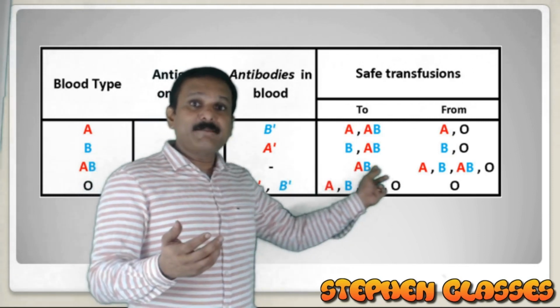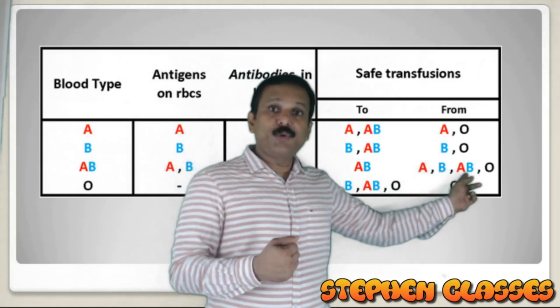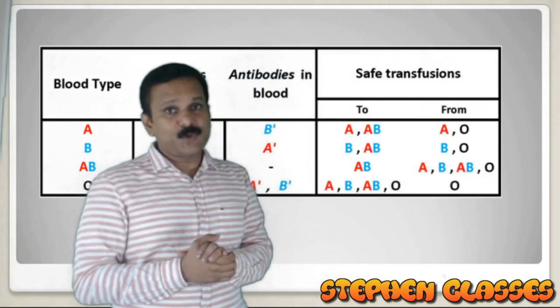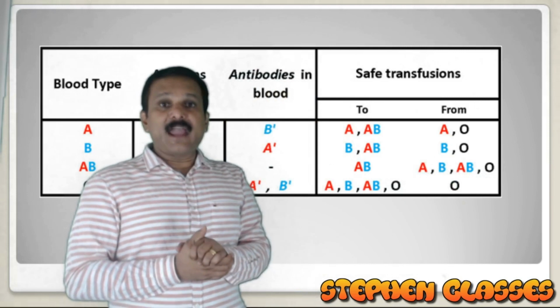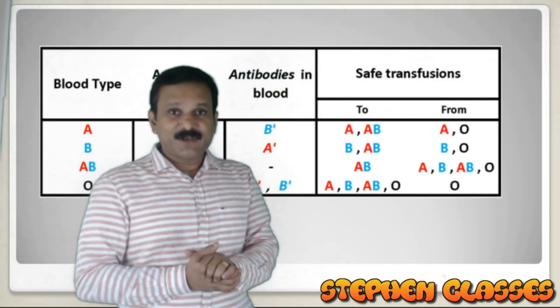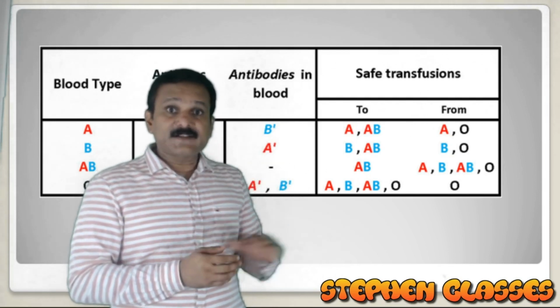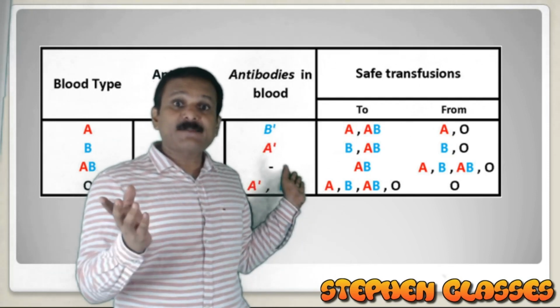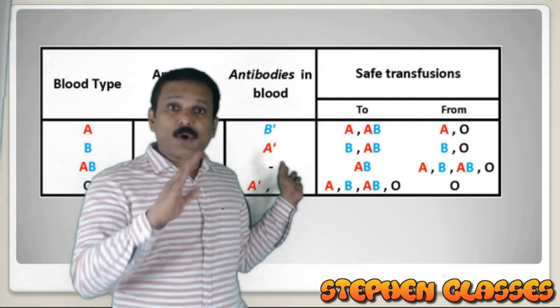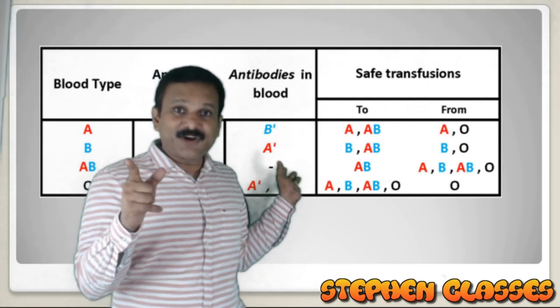So that is why A group, B group, AB group or O group can donate for AB group. That is why AB group is considered a universal recipient. Why is AB group a universal recipient? It is because it has no antibodies in the plasma. So when a recipient has no antibodies, there is no possibility of a reaction here. You got it?